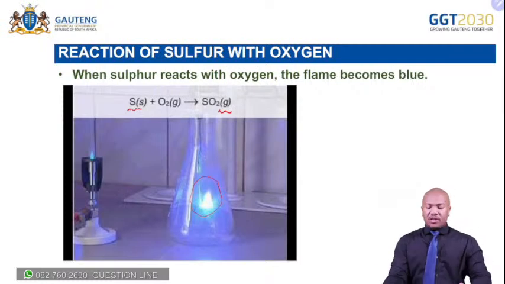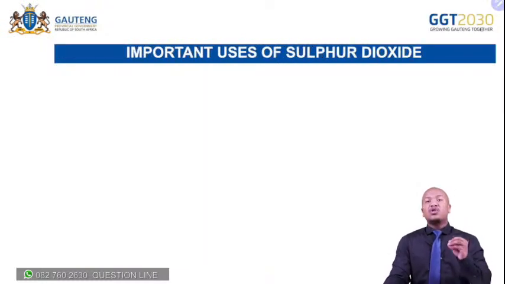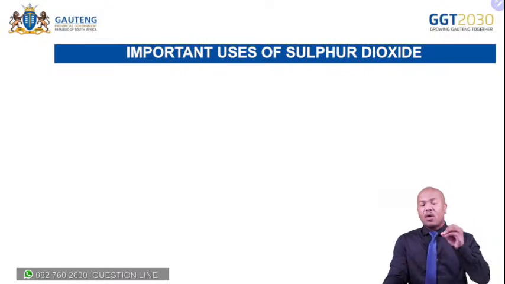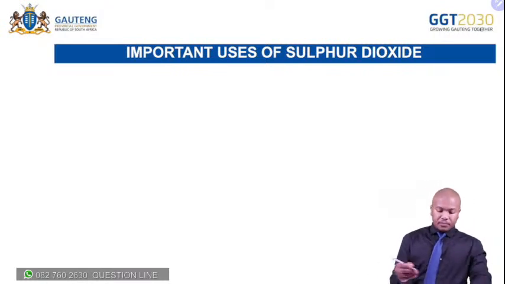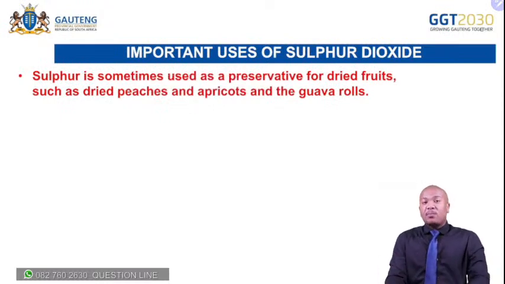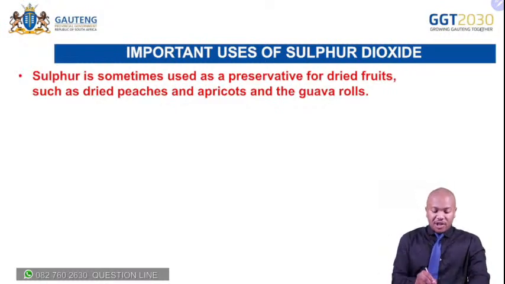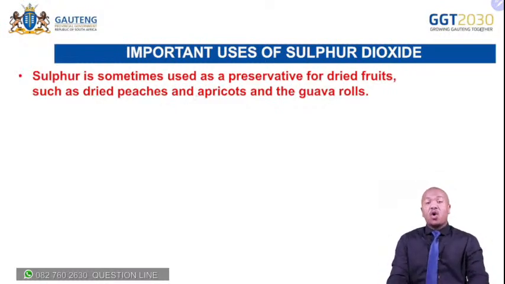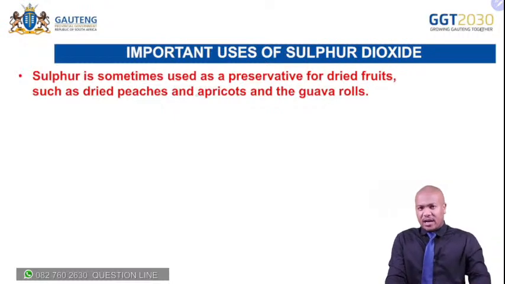Now let's talk about the important uses of sulfur dioxide as a product. So sulfur dioxide is sometimes used as a preservative for dried fruits such as dried peaches, apricots, and also your guava rolls that we enjoy eating, right?